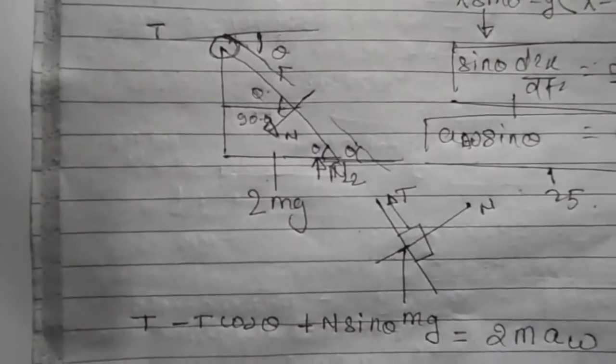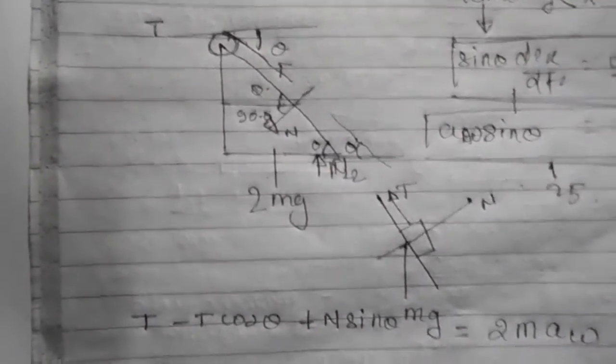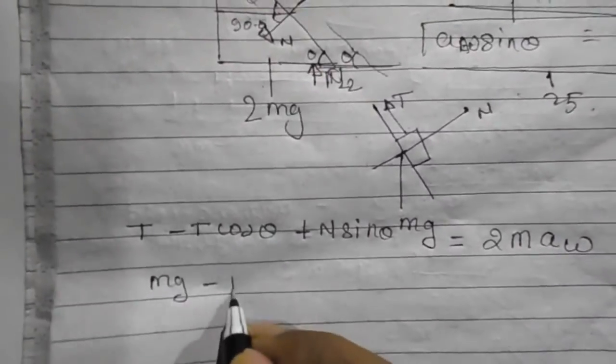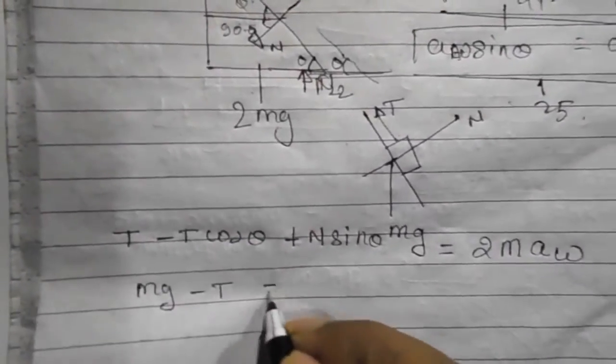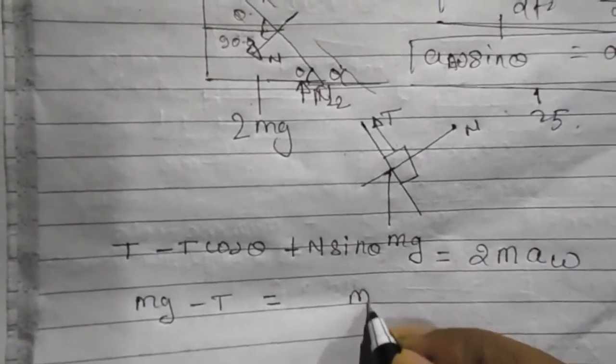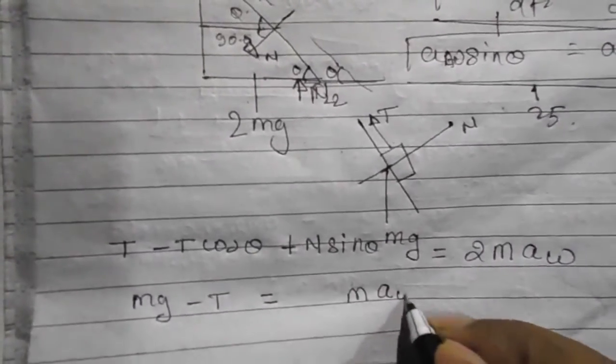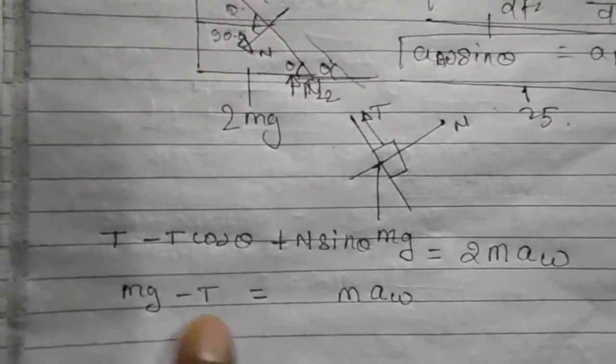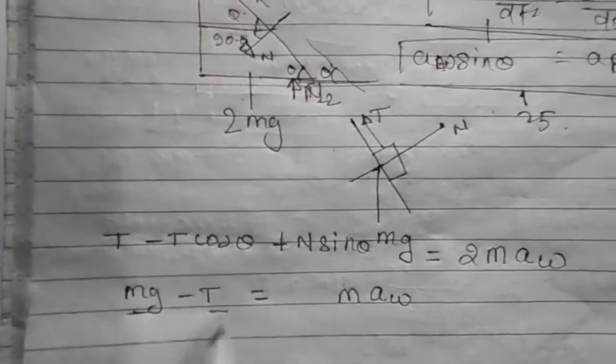Now mg minus T should be equal to m times the acceleration of A, the wedge. Okay, you got this? Why I have taken this sign positive and this negative.